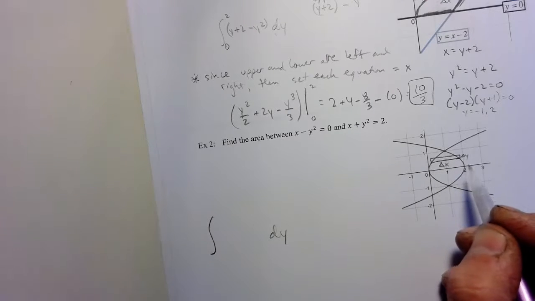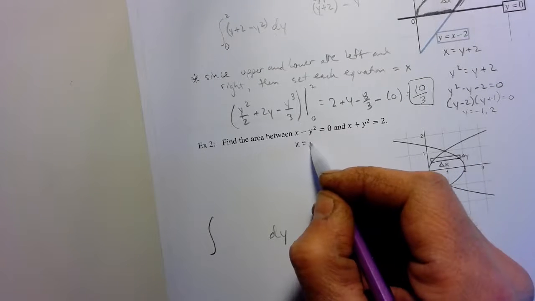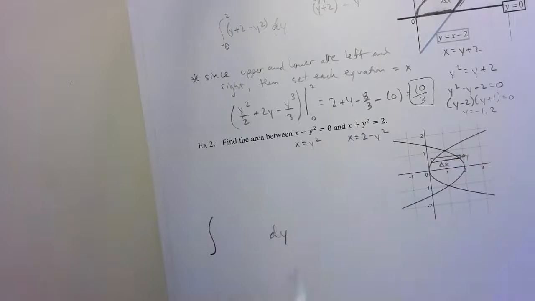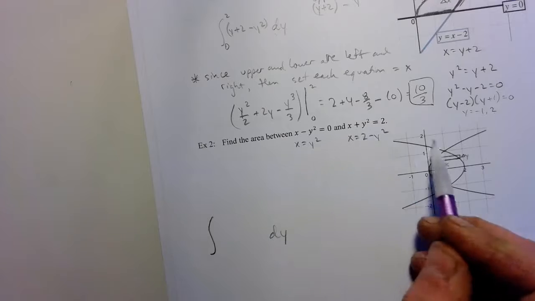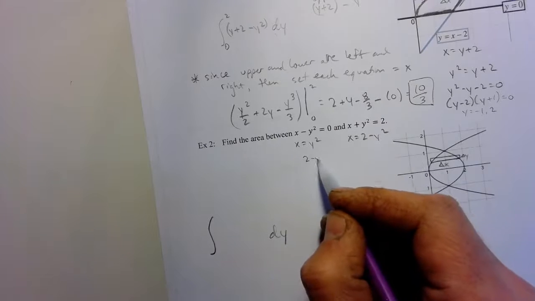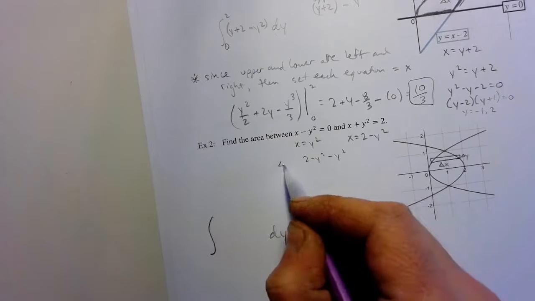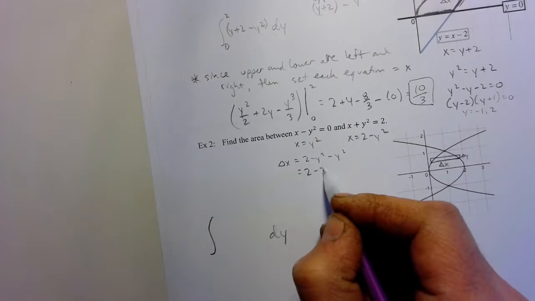How much does the x change? It looks like this one's the upper bound, right? That's this one right here. So upper minus lower. That's my change in the x. And so it's going to be 2 minus 2y squared.